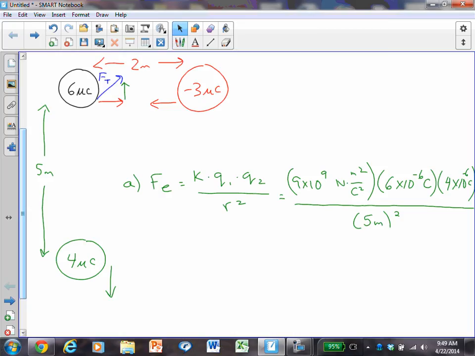So we bust out the calculators, which you should probably do along with me to make sure that you know how to do it. We have 9E9 times 6E-6 times 4E-6 divided by 25. That gives us 0.00864. What are my units? Newtons.